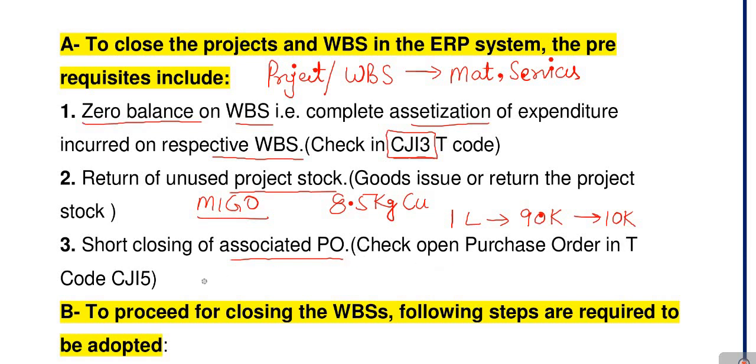You can identify the purchase order in transaction code CJI5. Open the purchase order in ME22N, short close the PO, then save, then try to close the WBS.